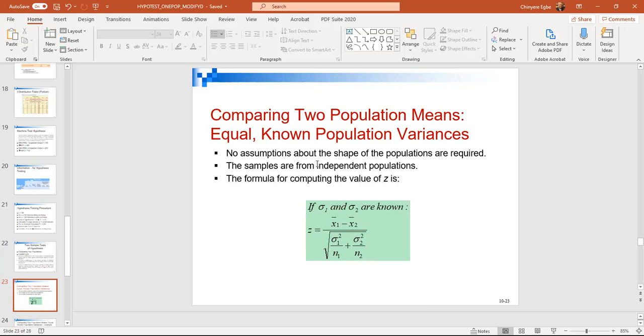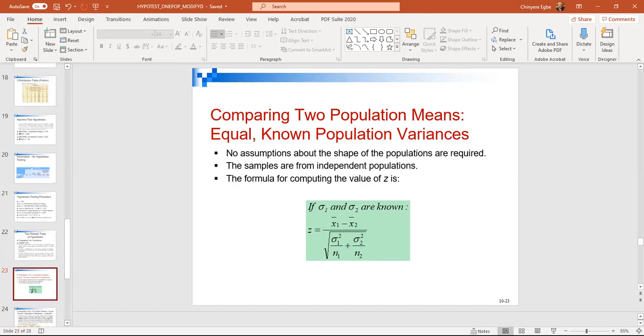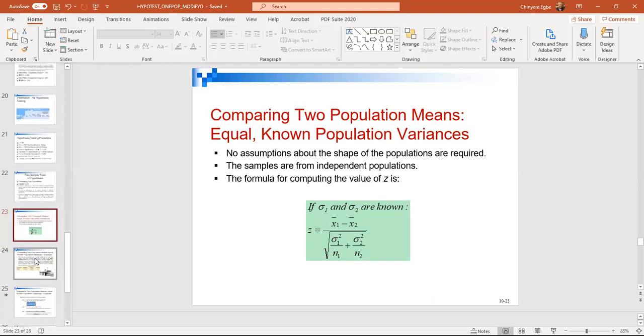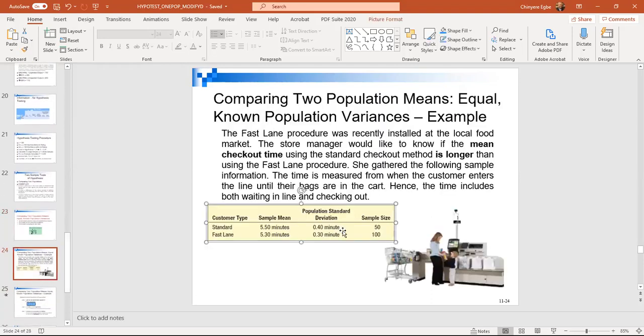So in that way, you use that to test the hypothesis whether the two population means are equal. So now let us proceed, look at an example. This is an example here that is given by your authors, but we're going to look at our own example using our own data, all right?